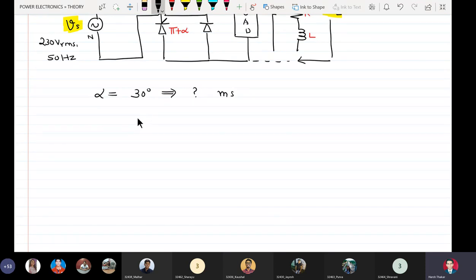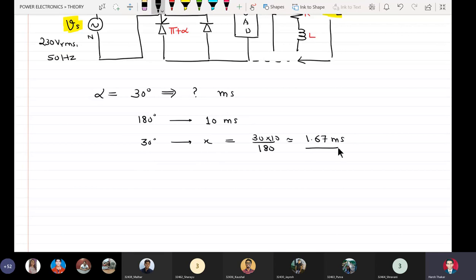So I know that 180 degrees corresponds to 10 milliseconds. So 30 degrees will correspond to 30 into 10 by 180. So it will be 1.67 milliseconds, I think so.